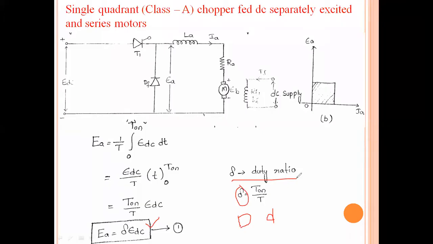Delta or D is the duty ratio or duty cycle. So duty ratio is our operator here. In the previous rectifier circuits, we have seen alpha, the firing angle, is the operator there. Here, with the help of the duty ratio only, we can regulate or control the average value given across the motor terminals, for a fixed input voltage, right?